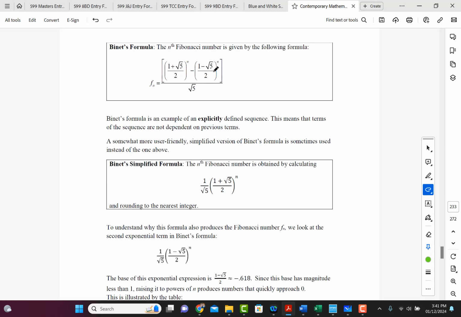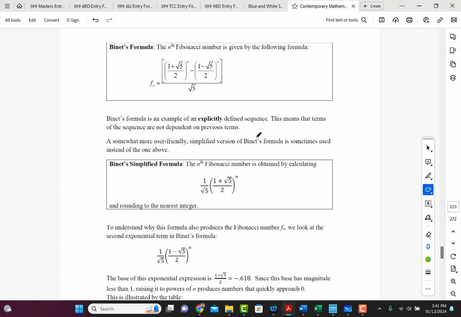That difference is the numerator, and we divide that by the square root of 5. Binet's formula is an example of an explicitly defined sequence. This means that the terms of the sequence are not dependent on previous terms.